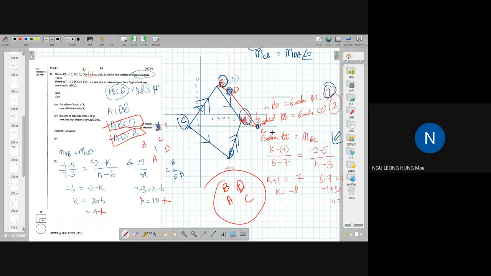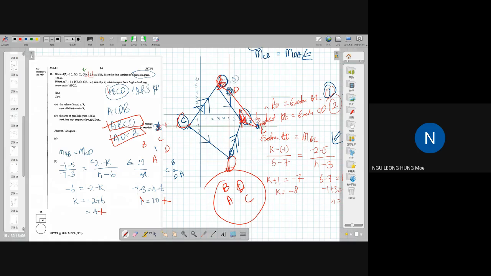Mungkin kamu tanya, cikgu, itu pun gradient kan? Ya, tahu, betul. But, in mathematics, ABCD must ABCD. A, B, C, D. Dia mesti follow sequence, anti-clockwise ataupun clockwise.